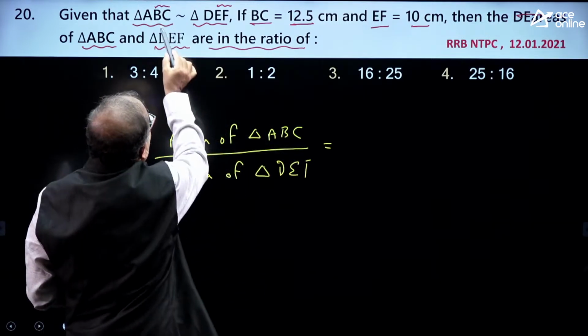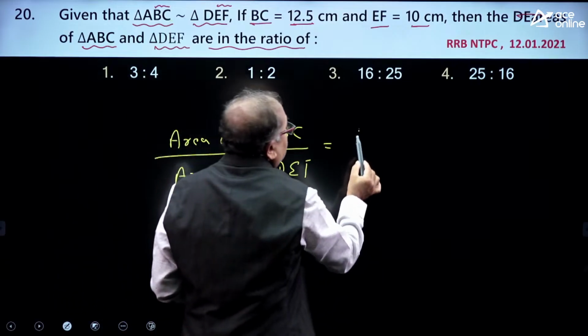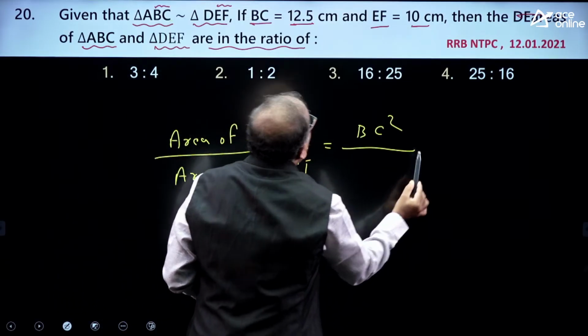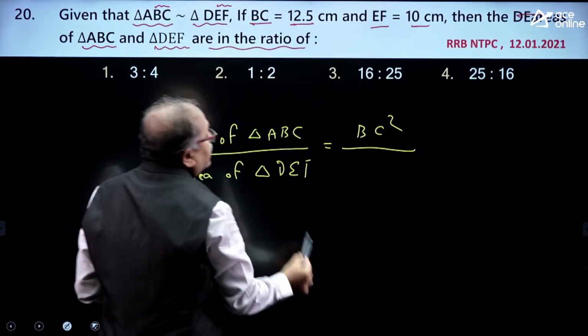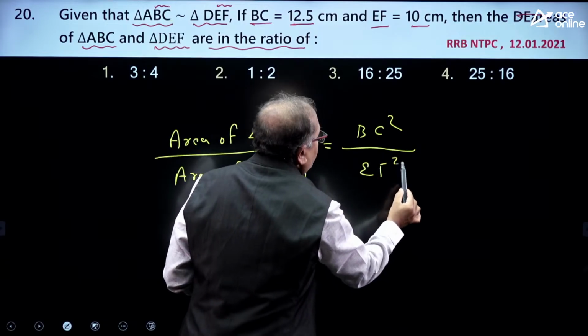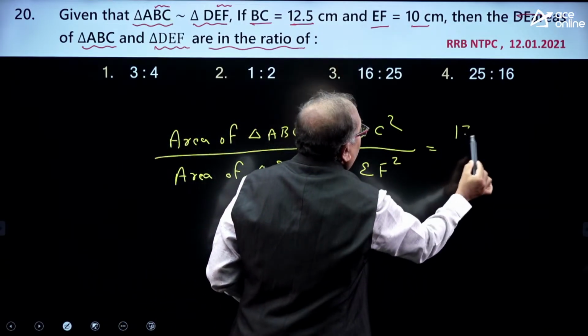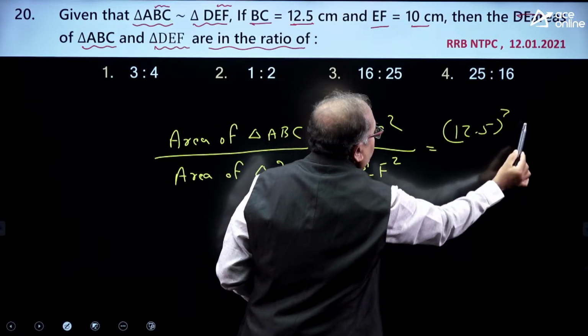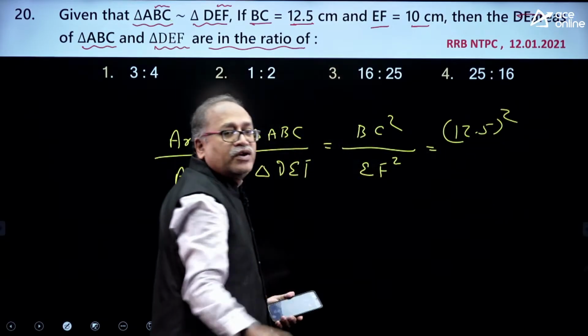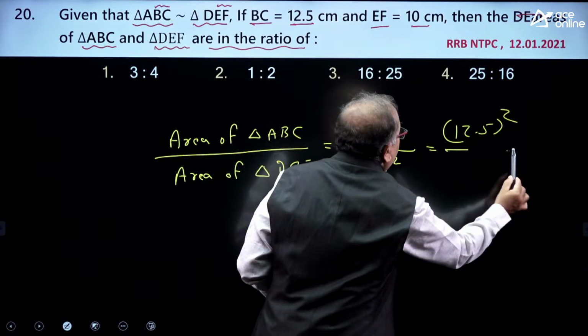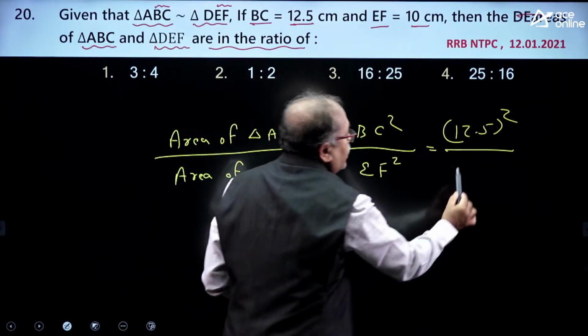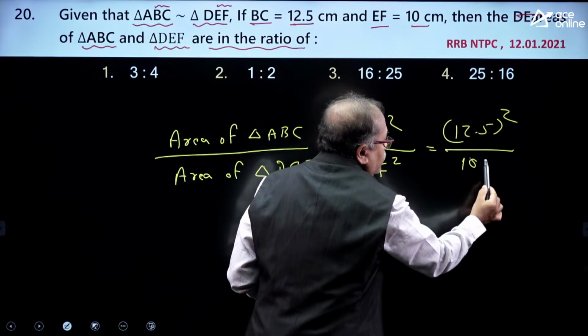So what are the corresponding sides? BC square by EF square. Here BC is 12.5, so 12.5 whole square, or 12.5 into 12.5, and this one is given as 10 square, that is 10 into 10, or you can write 100.